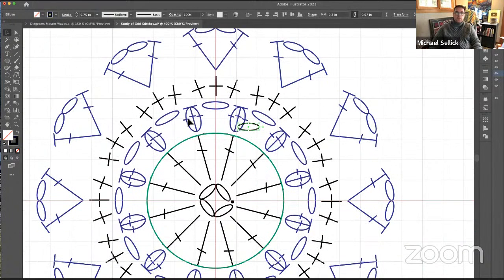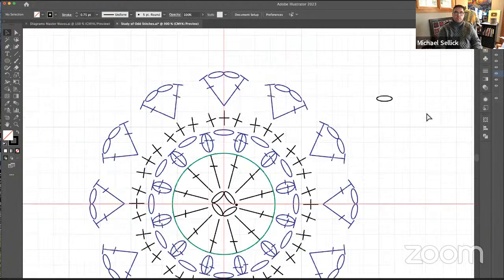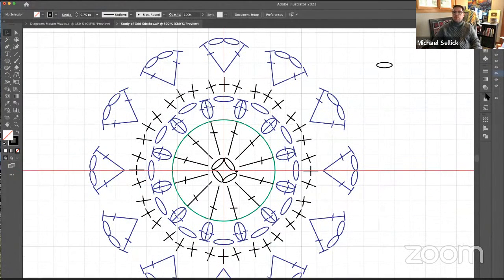And what I'm going to do is that I'm going to take and hide the other layers. Shoot. So there. Oops.